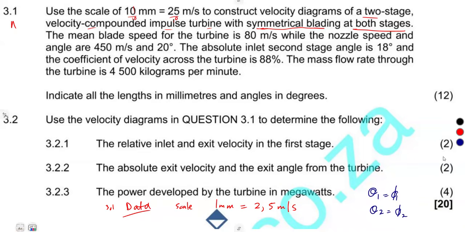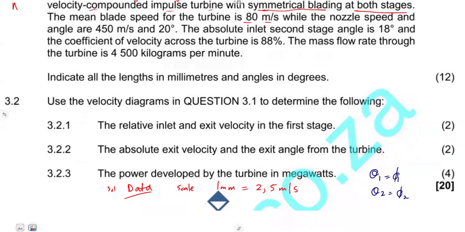They are equal. The mean blade speed for the turbine is 80 meters per second. You are given the mean blade speed, which is our U, as 80 meters per second.